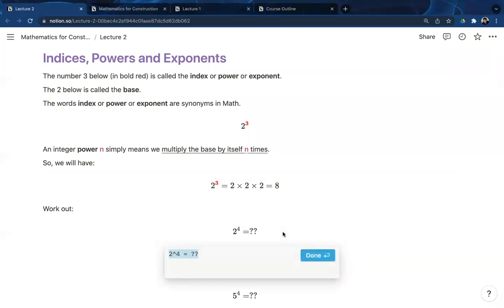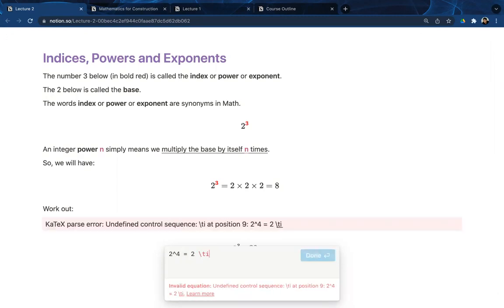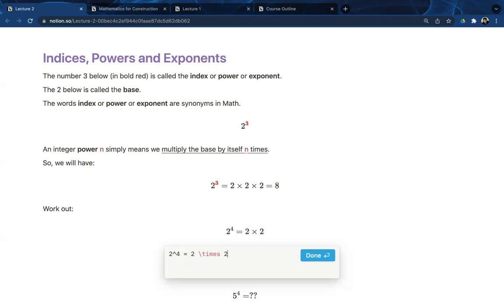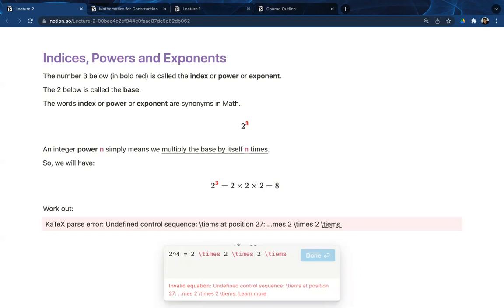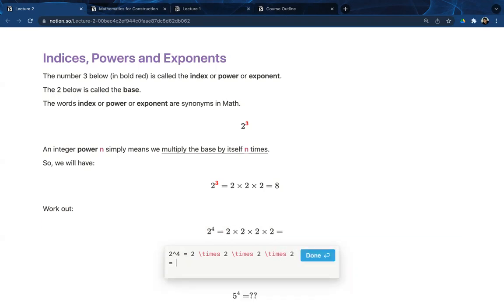So 2 to the 4 is not 2 multiplied by 4. It's 2 multiplied by itself 4 times. So you say 2 times 2 times 2 times 2.